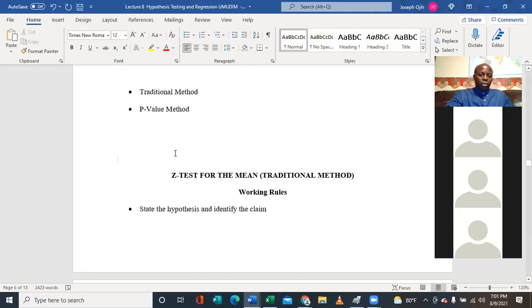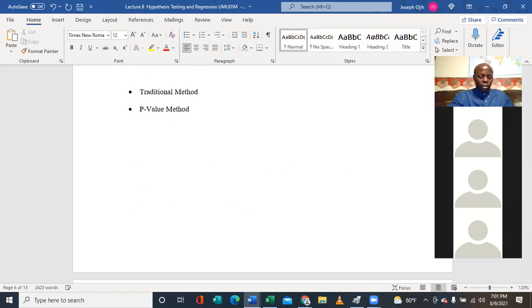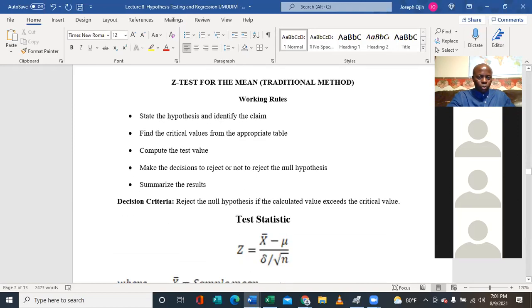Under the traditional methods, let's start with the z-test for the mean. The process we follow is this: state the hypothesis and identify the claim. Find the critical values from the table of normal distribution, the Z table or any appropriate table we are using. Then compute the test value. Then make a decision to reject or not to reject the null hypothesis.